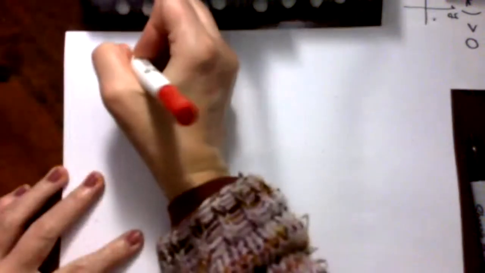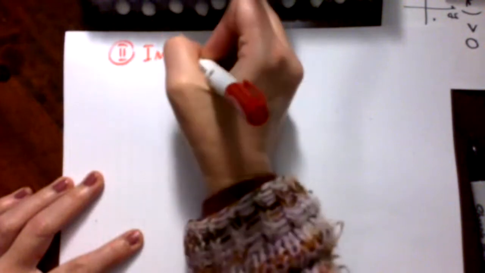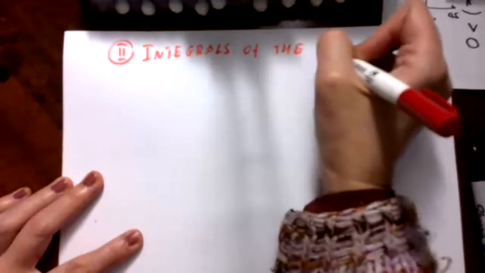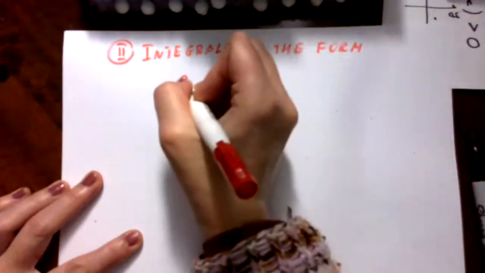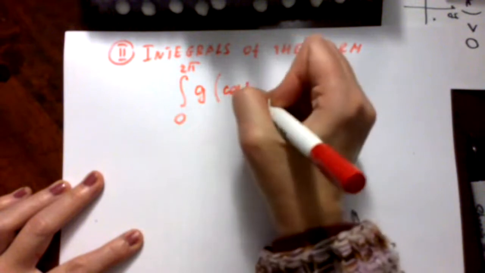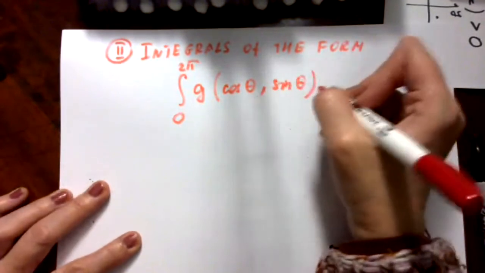Okay, so we are finished with the first type of integrals, which are integrals from minus infinity to plus infinity, and which correspond to question 6 in our tutorial sheet. And now we are moving to our last topic: integrals of the form integral from 0 to 2 pi of some function j which has two inputs, sine theta or cosine theta.